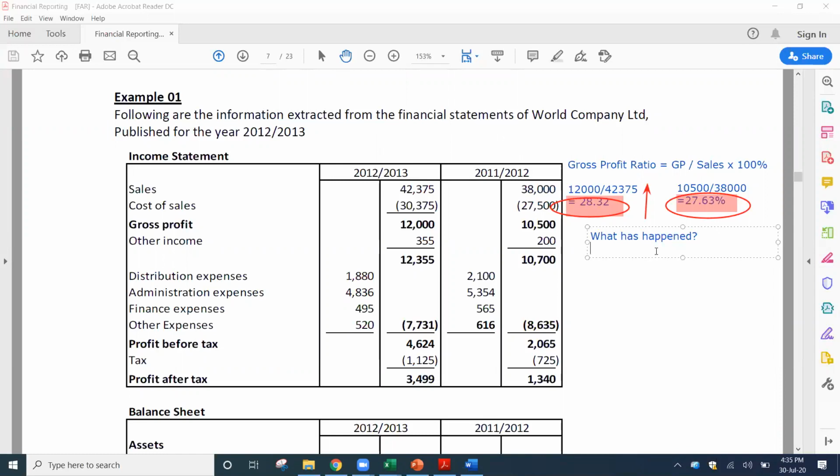Then you have to say why. What's the reason for this increase? What could be the reason? Can you all tell me some reasons? Why does the gross profit margin increase? What's the reason for an increase in gross profit margin?